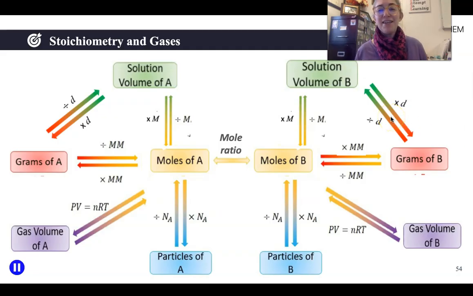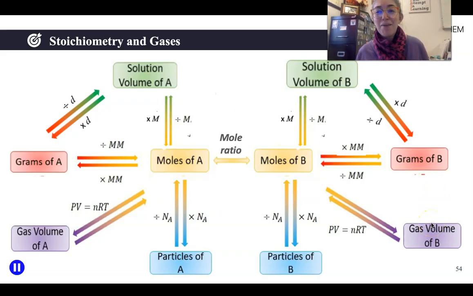And then this is the master version of stoichiometry, the mole train with gases added in. So we can use PV = nRT actually as a conversion. If we know the volume of a gas and the temperature and the pressure, then we can figure out how many moles of gas we have and do stoichiometry that way for reactions where we are producing gases and we want to figure out how much gas we're going to produce.